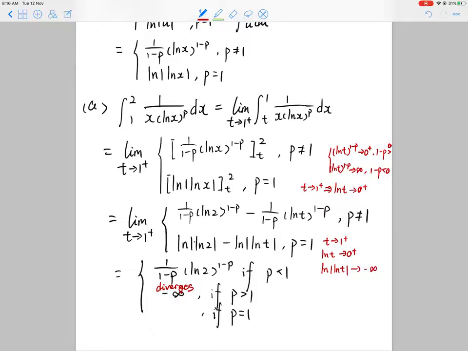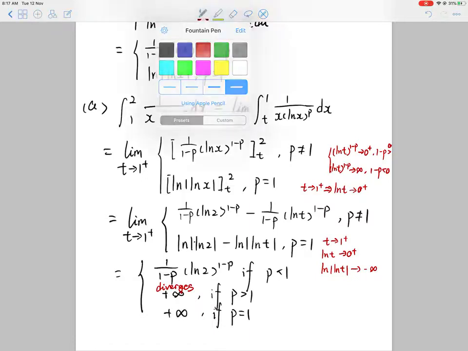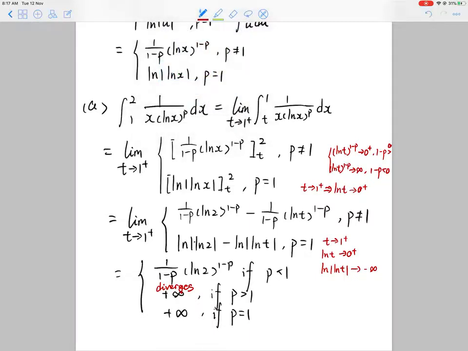So the second part is also approaching, here's a typo, here's a positive infinity. So the second part is also approaching positive infinity, which means it diverges.